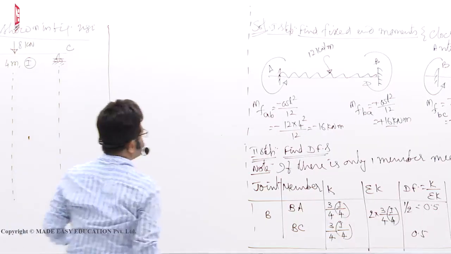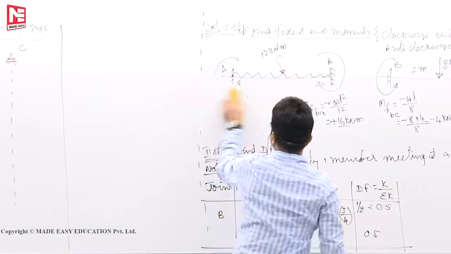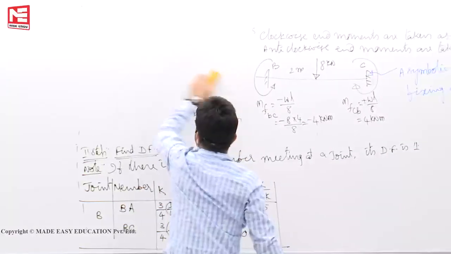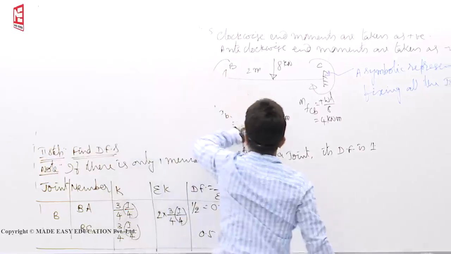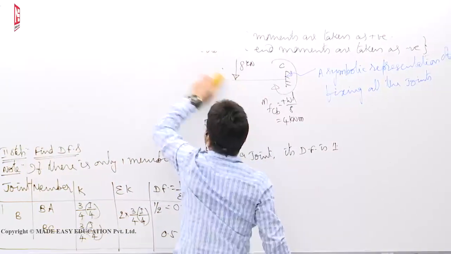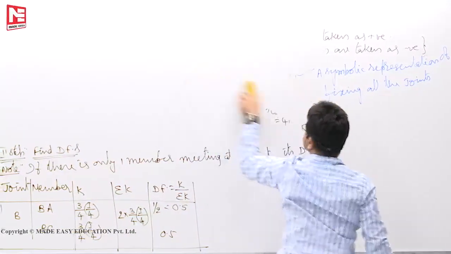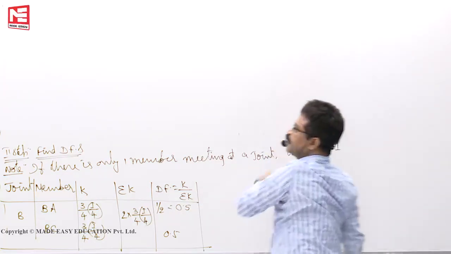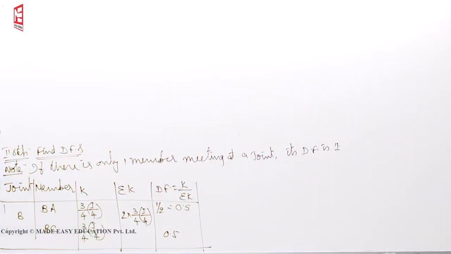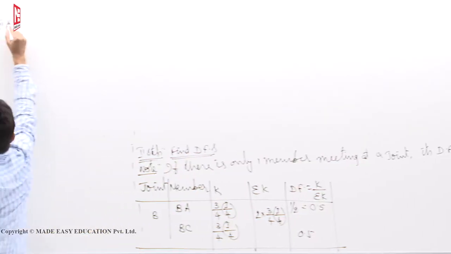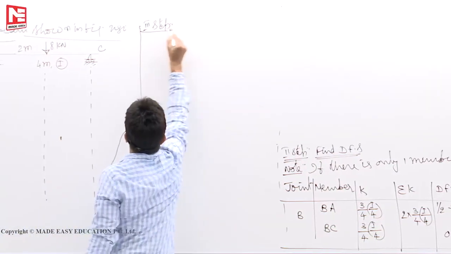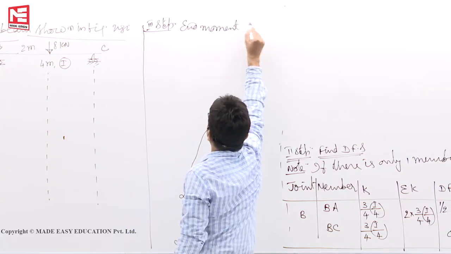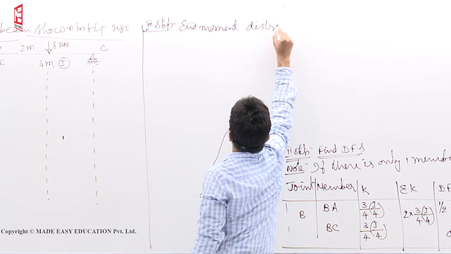I'll split into 3 parts. Now your third step is end moment distribution.